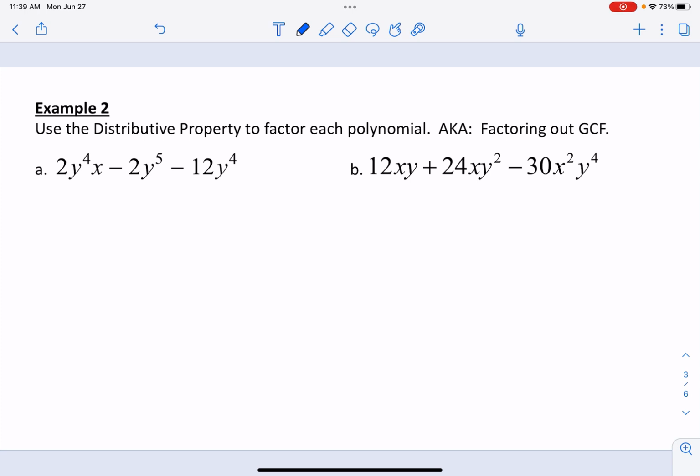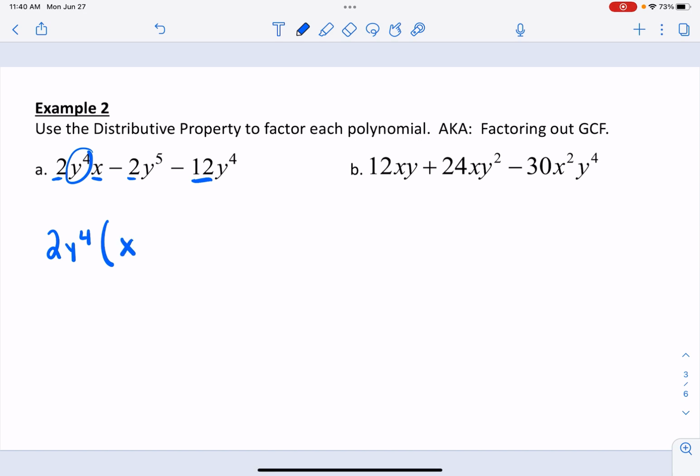Use the distributive property to factor each polynomial. So now we have more than one variable in here. We have to look at the 2 and the 12, the largest number that goes into all three of those. Well, that's going to be a 2. No other terms have x's, so I can't factor any x out. But between your y's, y to the 4th is the lowest exponent, I should say. So for this first term, 2y to the 4th, I need what's left over?